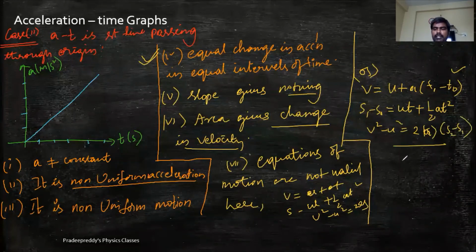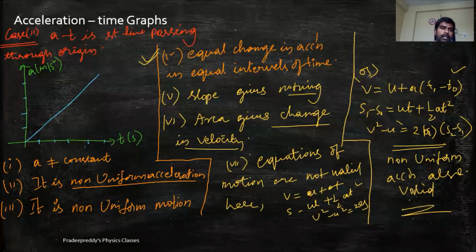So these are equations valid for non-uniform acceleration also. So this is the information you can collect from an AT graph that is a straight line passing through the origin.